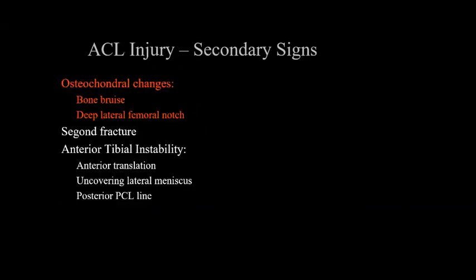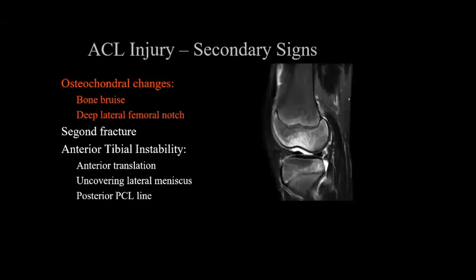There are also secondary features that would suggest the presence of ACL tear, and these include bone contusion, especially with deepening of the lateral femoral notch or the sulcus sign. And here we also see, in addition to this osteochondral impaction of the lateral femoral condyle, we see edema. There's also edema involving the posterior aspect of the lateral tibial plateau.